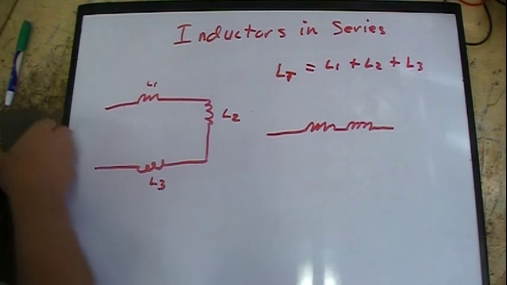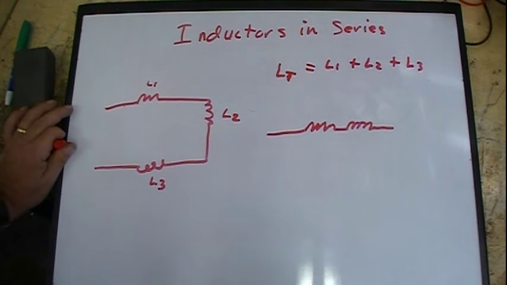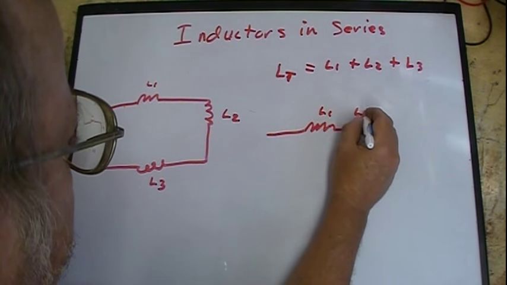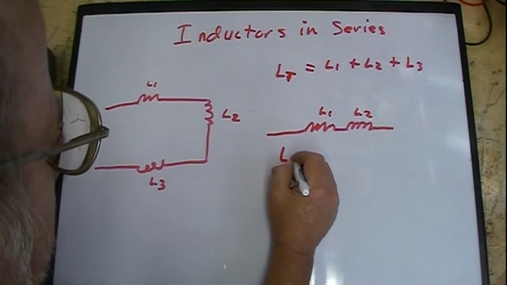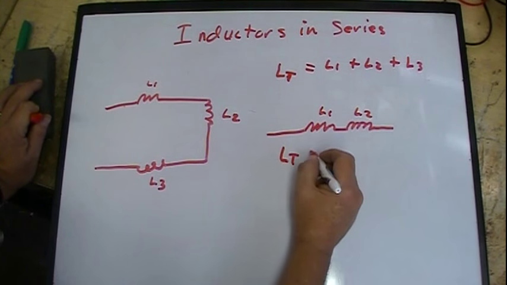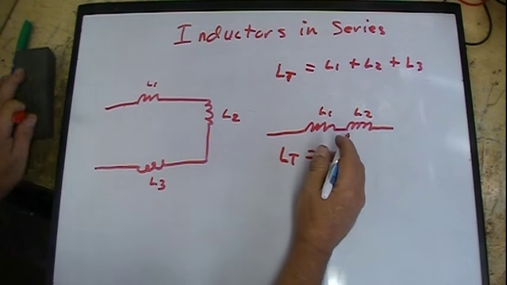If they're pretty close together, then we'll call this L1 and L2. Then LT will depend on the mutual inductance.